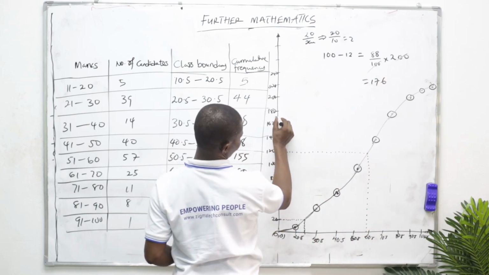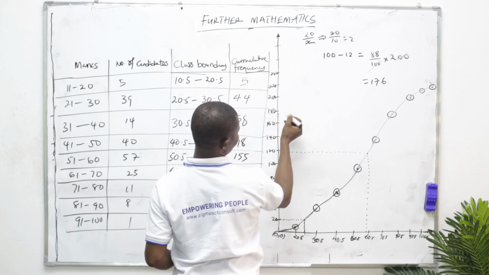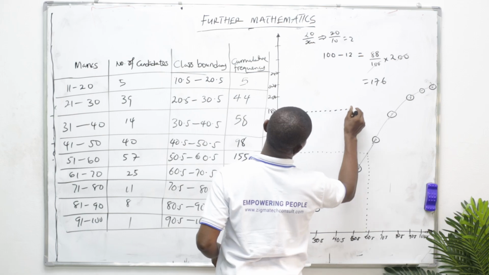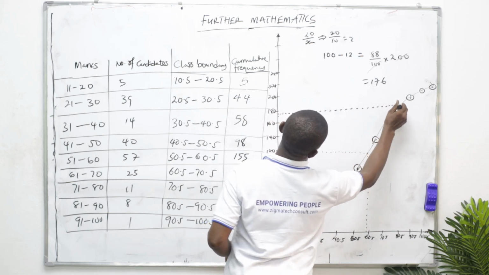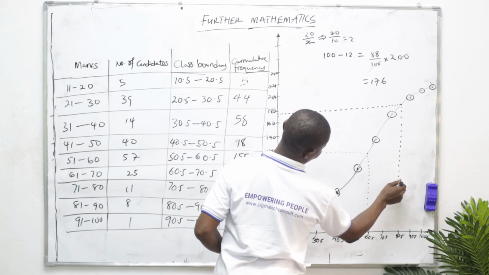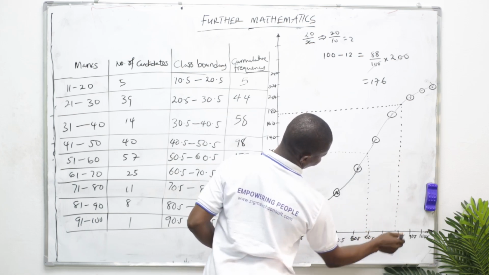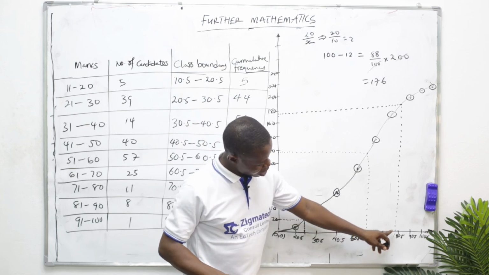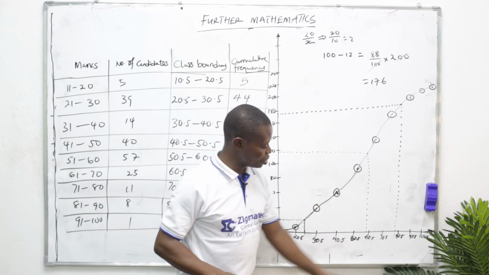This is 170 somewhere here. 176 will be in between. So you trace it down. To calculate this, here is 70, and here is almost 8 squares.